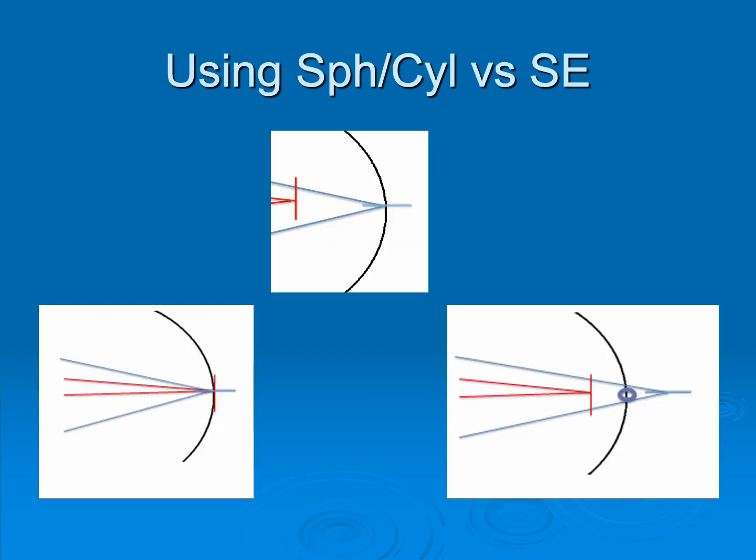Now, here is a very useful concept that we've already touched upon, and that is spherical equivalent versus a spherocylindrical lens. So in the top diagram in the middle, this is simple myopic astigmatism. In other words, one ray is perfectly on the fovea, the other ray is somewhere in the vitreous, but there's a distance between them. And this patient is experiencing blurry vision.